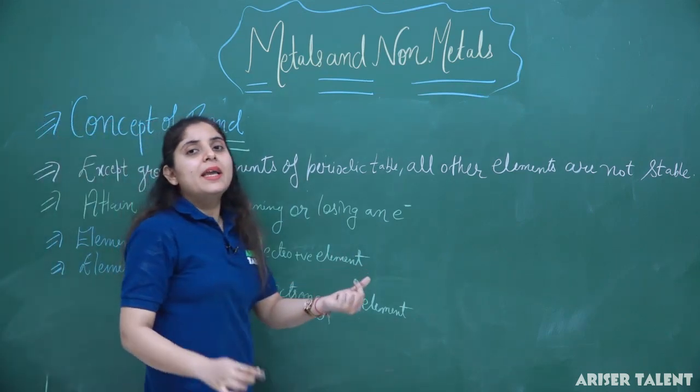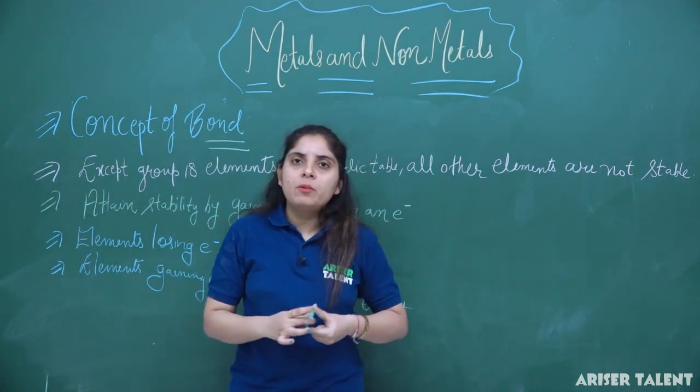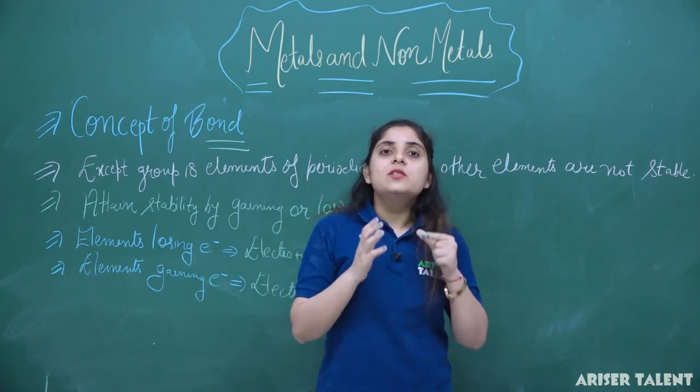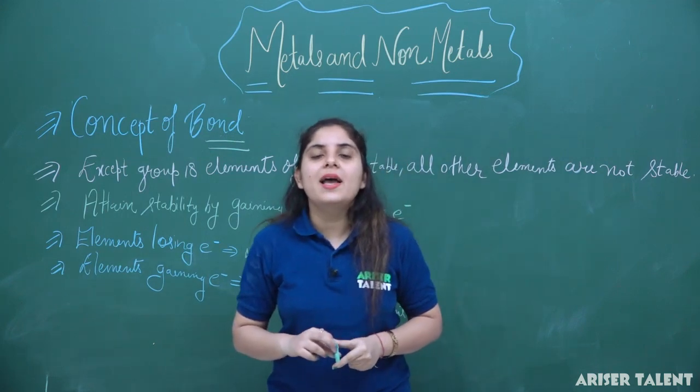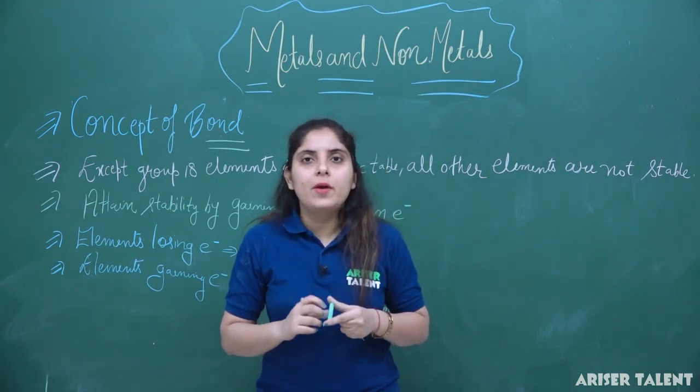So by gaining or losing electrons, a bond is formed between the atoms, and the bond formed between the electropositive and electronegative element is known as ionic bond or electrovalent bond.